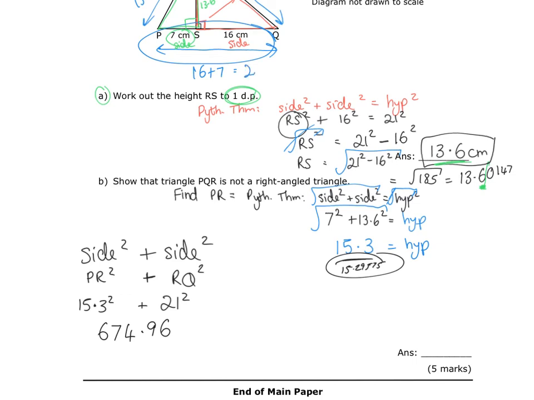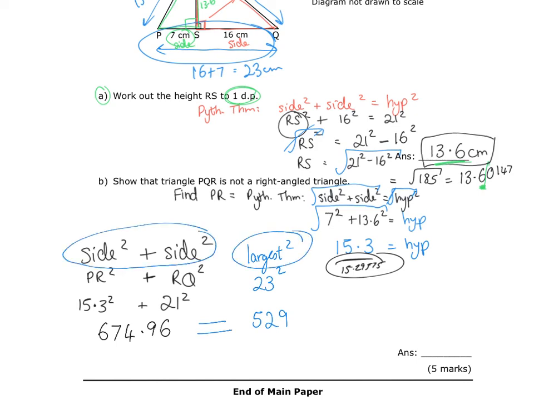Now let's check the largest side, which is this one, 16 plus 7, and that's 23 centimeters. We don't know if it's a hypotenuse or not, alright? So let's write the largest side squared, and that's 23 squared, and we will get 529. So are they equal to each other? Is the side squared plus side squared equal to the largest side squared?